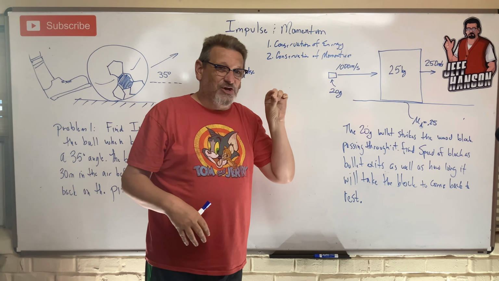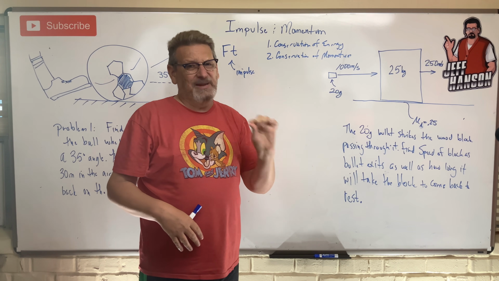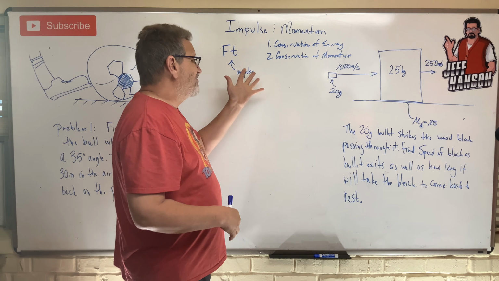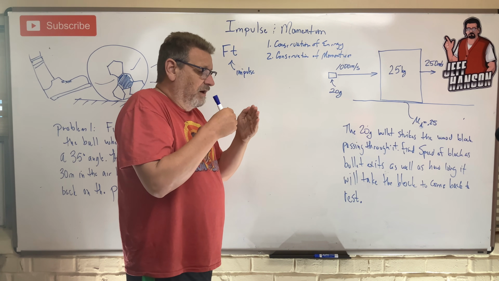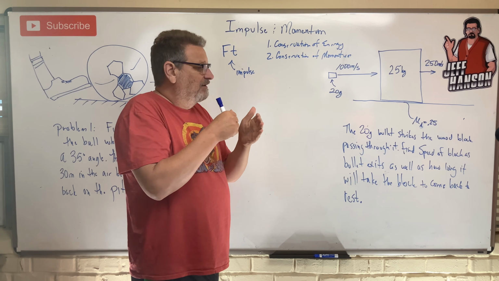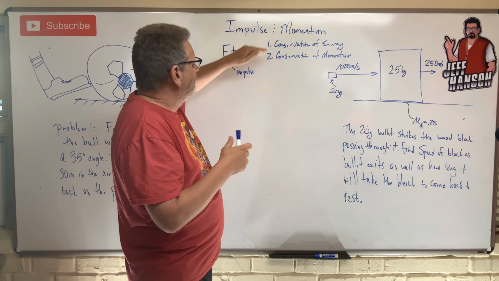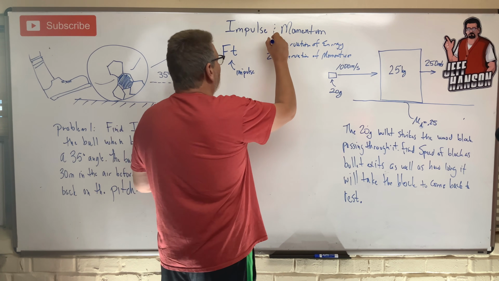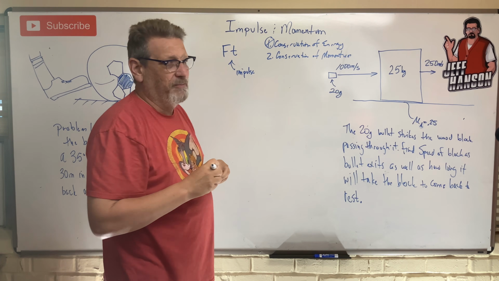Is energy conserved here? Mostly, but not totally, because there is some energy lost in heat and friction, and so energy is not totally conserved. So on these problems, we will not use this guy here, but we will use conservation of momentum.